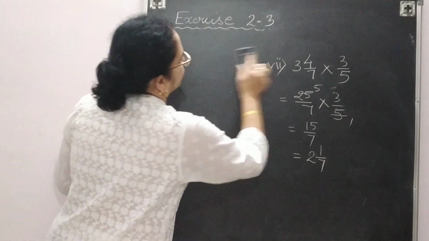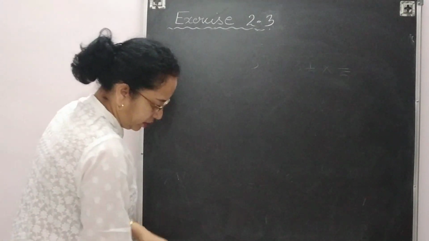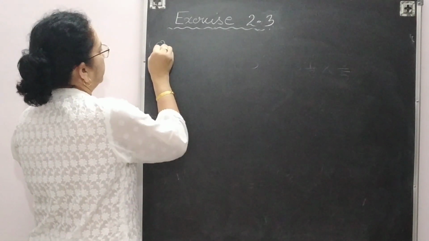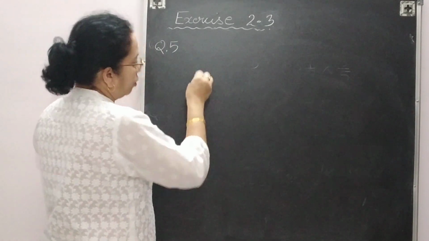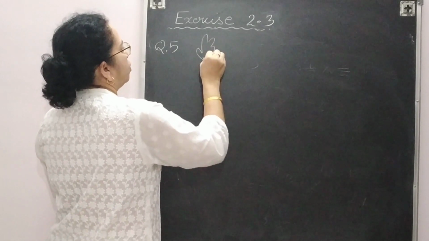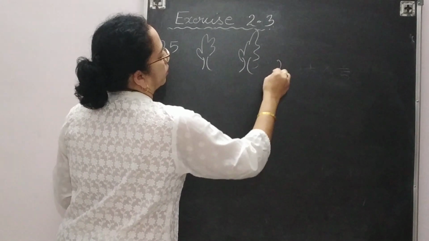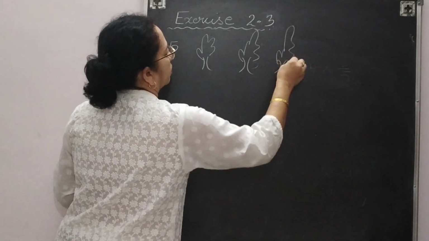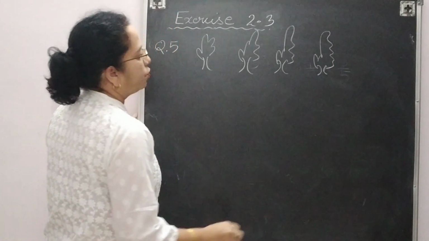Now the last question of this exercise, that is fifth number sum. Here this is given 4 plants are planted. Okay, so let me draw 4 plants. Okay, these are the 4 plants.